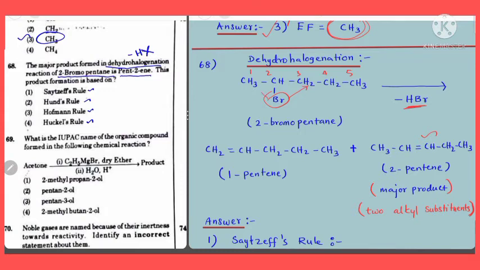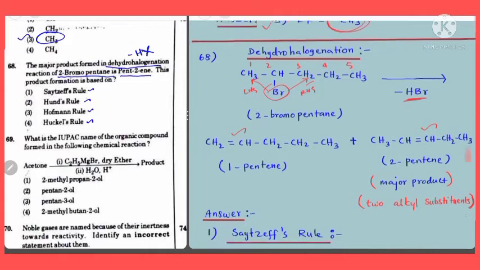Or this halogen can be removed along with the left side hydrogen, which may result in the formation of 1-pentene. So if the halogen combines with the left side hydrogen, 1-pentene is formed, or if it combines with the right side hydrogen, the product formed is 2-pentene.